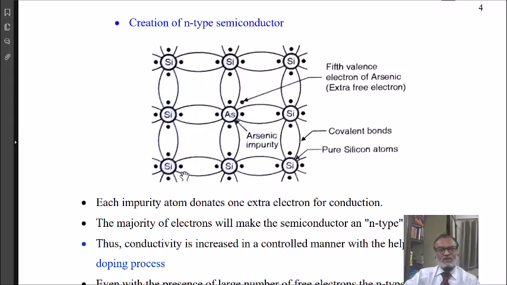Whereas due to temperature, if some of the covalent bonds are broken, say 100 covalent bonds are broken, then 100 holes and 100 electrons are generated additionally due to breaking of these covalent bonds. These extra 100 electrons are added to the donor generated electrons.